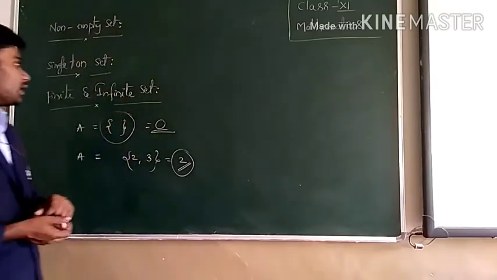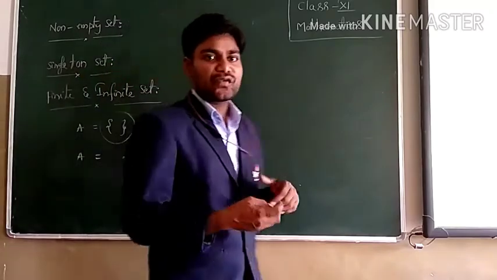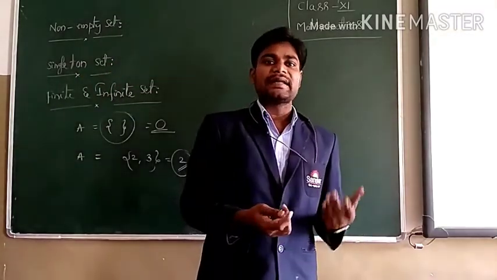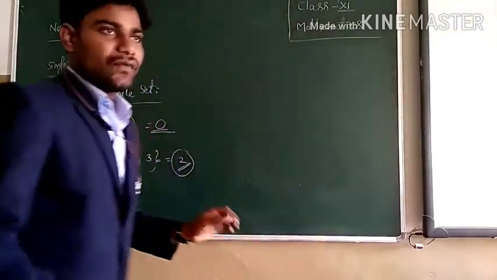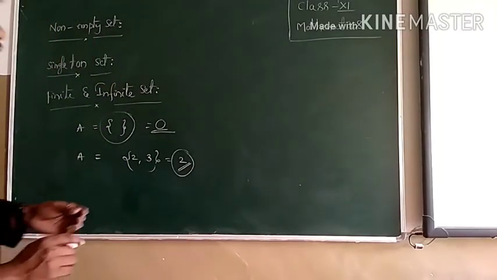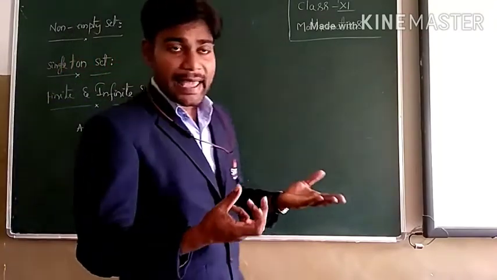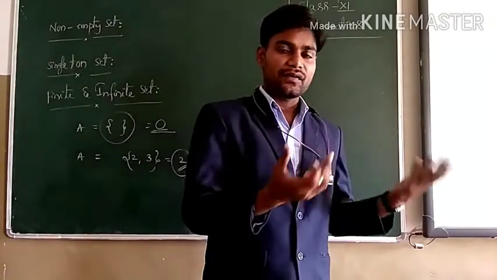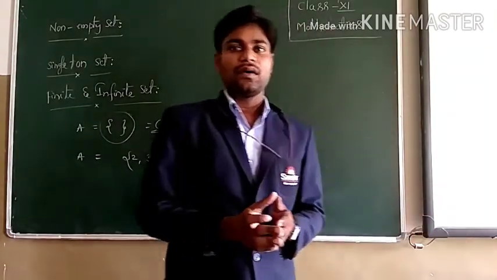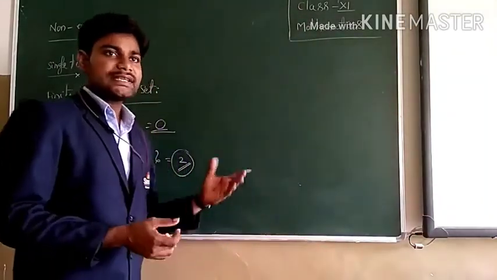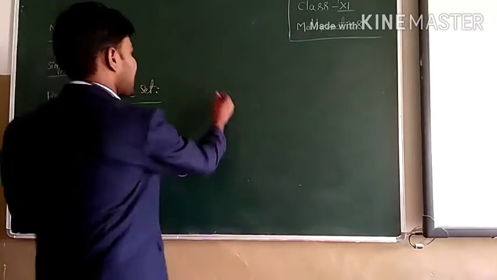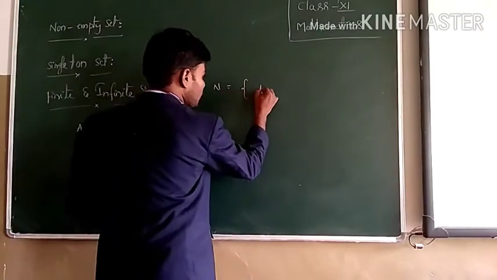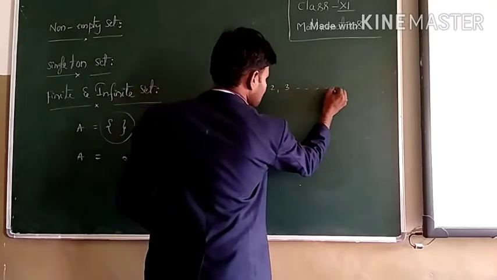An infinite set is a set that contains an infinite number of elements. For example, the set of natural numbers, the set of even numbers, the set of all prime numbers, all these come under infinite. Natural numbers are 1, 2, 3 and so on.